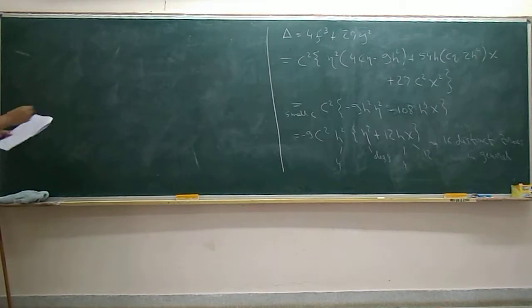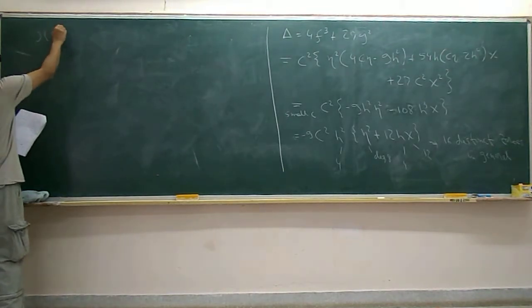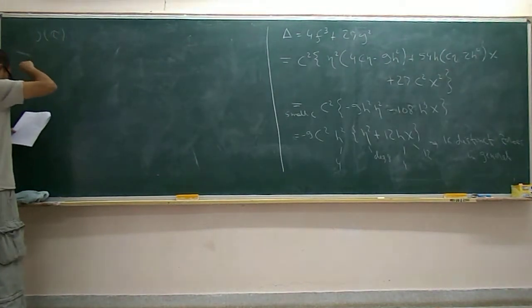If you look at J of tau, first you have to choose a convention for tau.